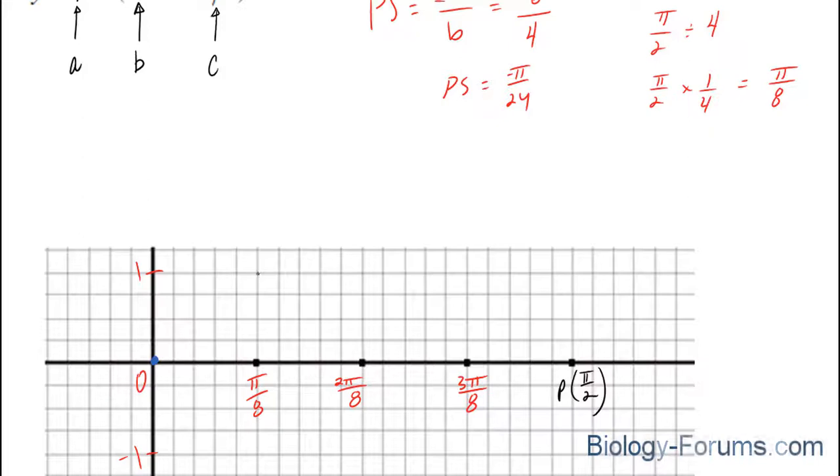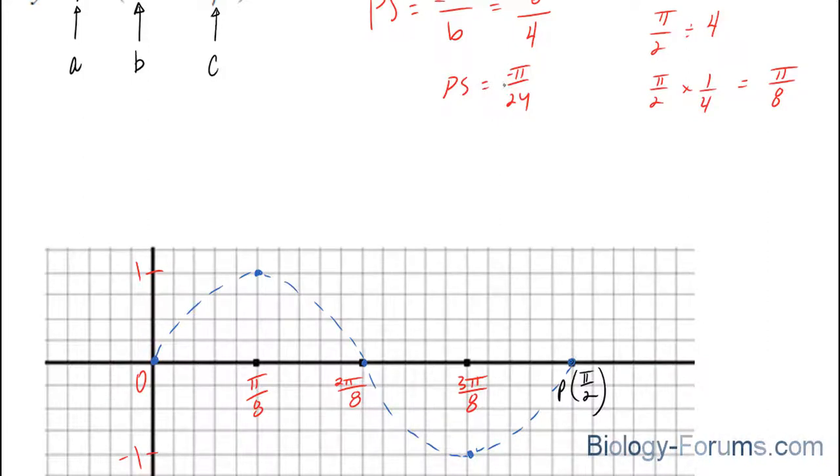Start at 0 and 0, move its way to 1, then go back down, oscillate between 1 and -1, so down here and up here again. So what I'll do is I'll connect these points. And that is our sine function without the phase shift.